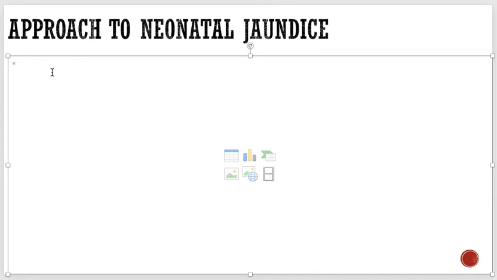If you have a baby 2 or 3 days old, the first thing you will do is check their bilirubin level, and you will think the baby has jaundice when they have hyperbilirubinemia. So from here, the story will start.